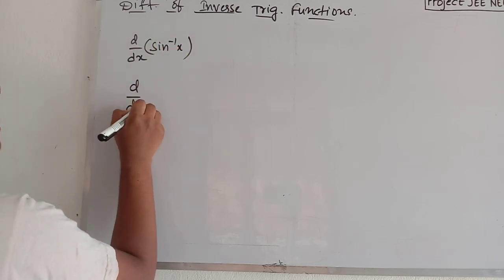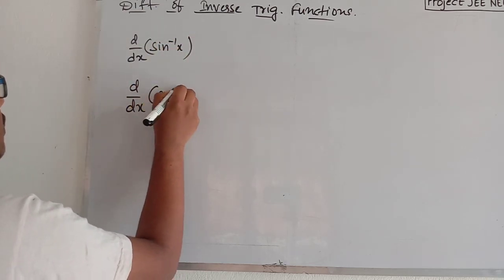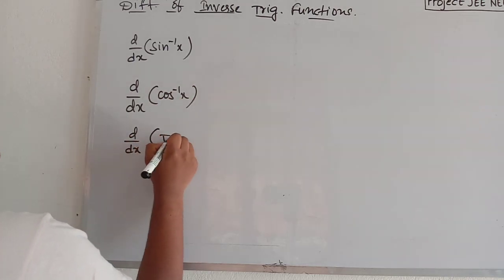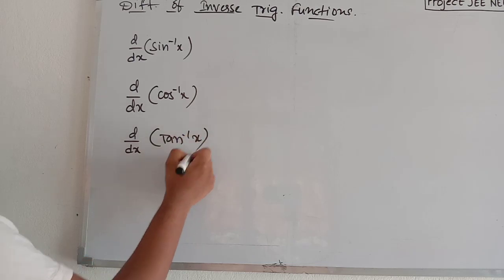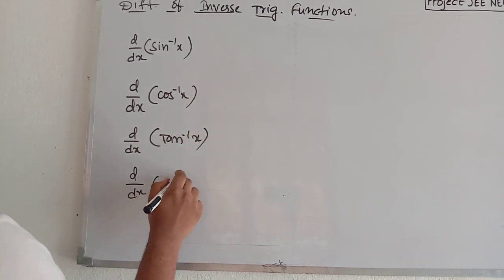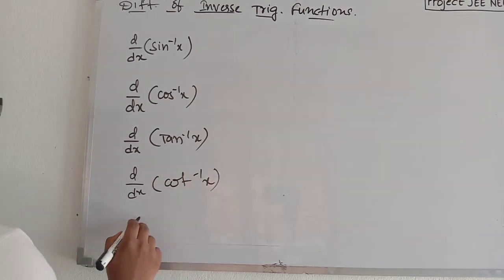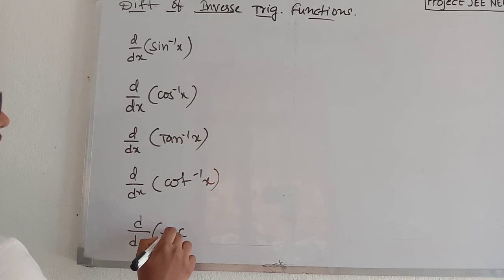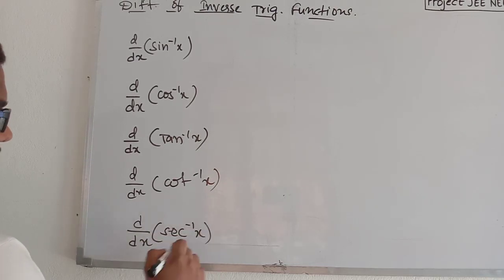D by dx of cos inverse x. D by dx of tan inverse x. D by dx of cot inverse x. D by dx of secant inverse x.